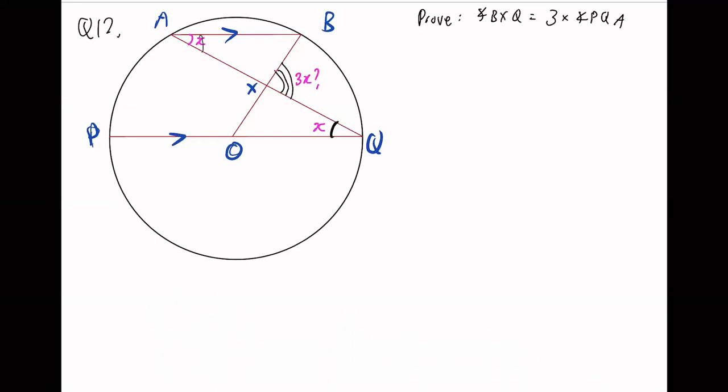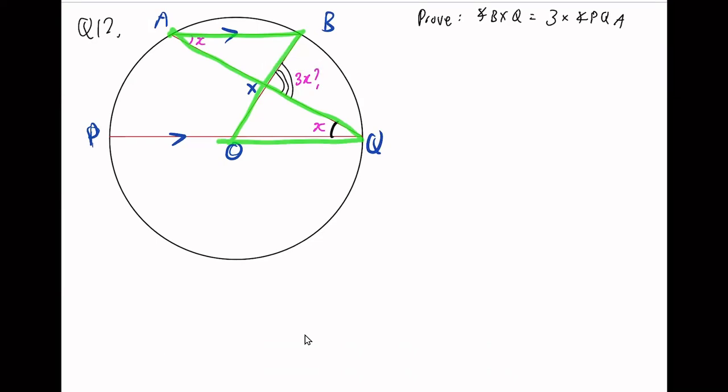Okay, and then what about this angle here? Can you conclude it's the same as X? Angles in same segment? Oh yeah. No, cannot. Why cannot?